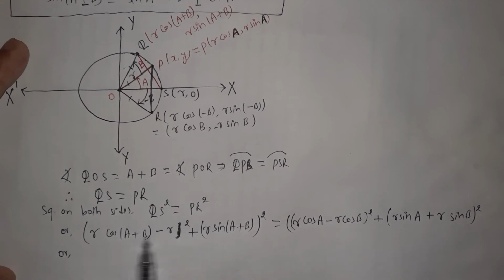Here is a form like (A plus B) squared. Now using the formula, this can be written as... here we use the algebra formula of (A plus B) squared.